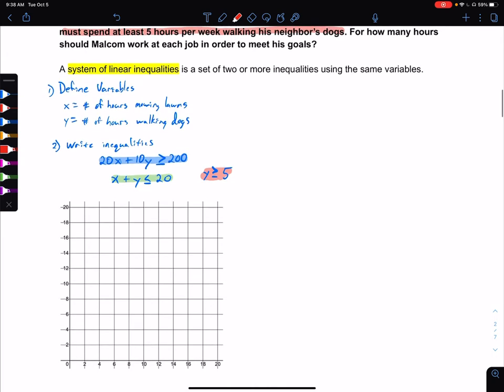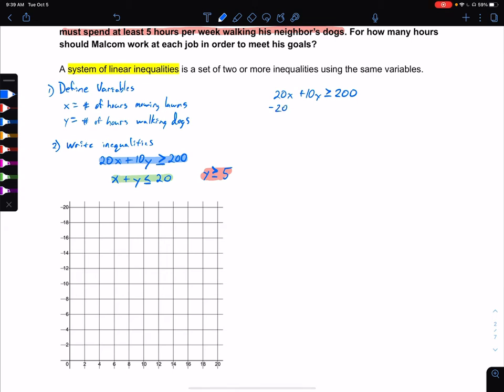What you can do next is graph these, and you can use different programs. You can use something like Desmos. You can use a graphing calculator. But when we're doing it by hand or with a graphing calculator, it's important that the y values are isolated. So I need to take 20x plus 10y is greater than or equal to 200, and if I'm going to enter this in a graphing calculator, I need to have y by itself. And if I want to graph it by hand, it would be much easier if y is isolated.